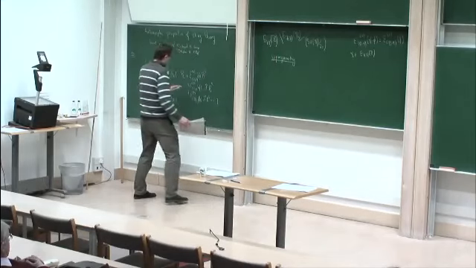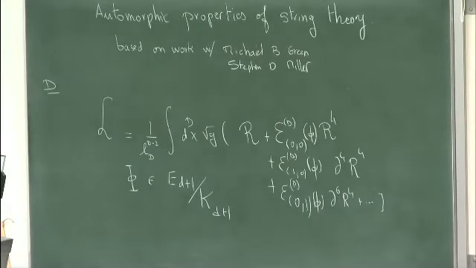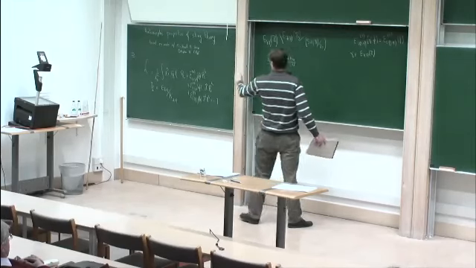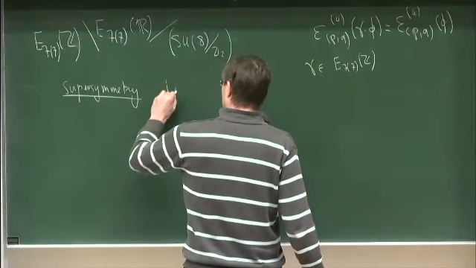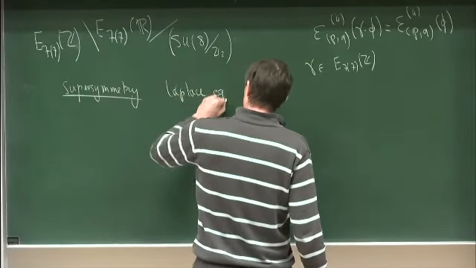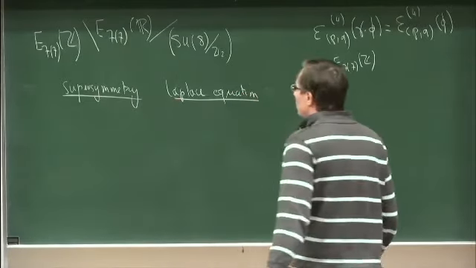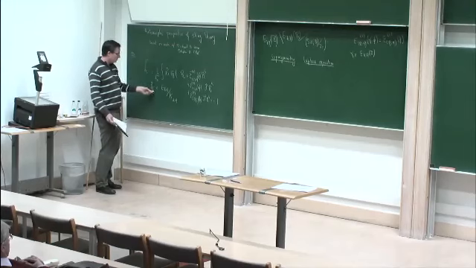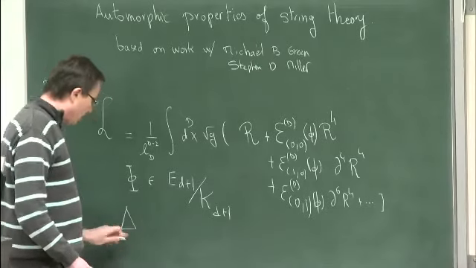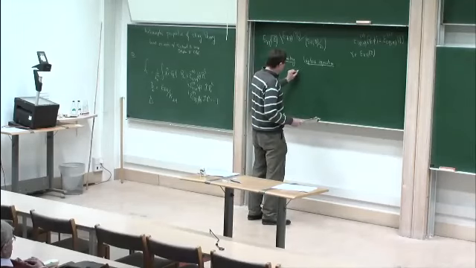I will not try to derive where the equation comes from, but one consequence of supersymmetry, which will actually be enough, is that all these objects satisfy some Laplace equation. I have my moduli in this coset space, so I can define the Laplacian associated with that coset. It's a very well-defined differential operator.